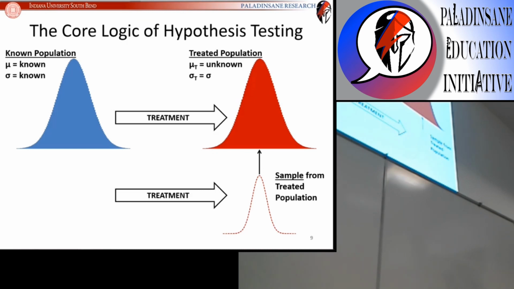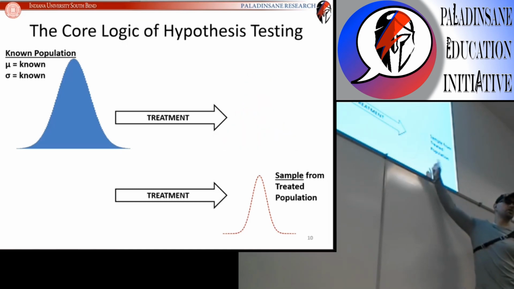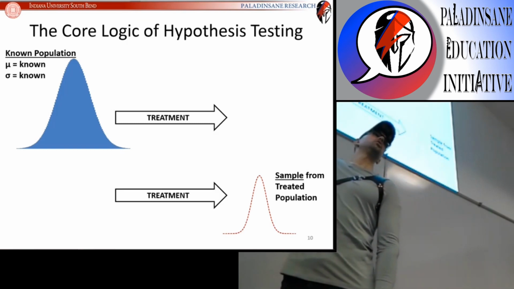So what do we have in this scenario? Well, remember we didn't measure our sample before we treated it. So we don't have that information. And we don't know what the treated population is, so we don't have that information either. What we have is our treated sample, we can measure that, and we have information about our original population, our untreated population.